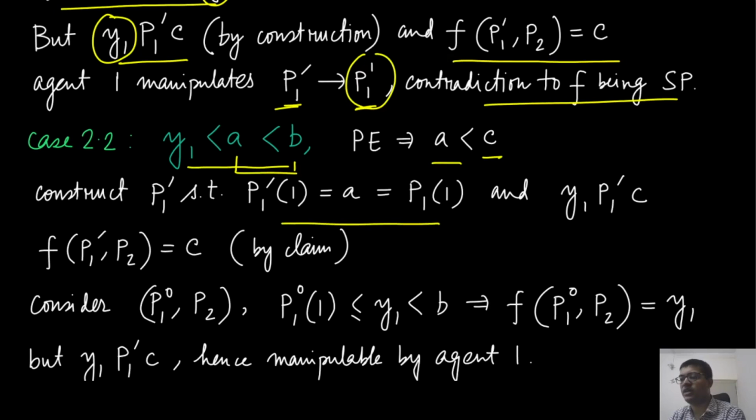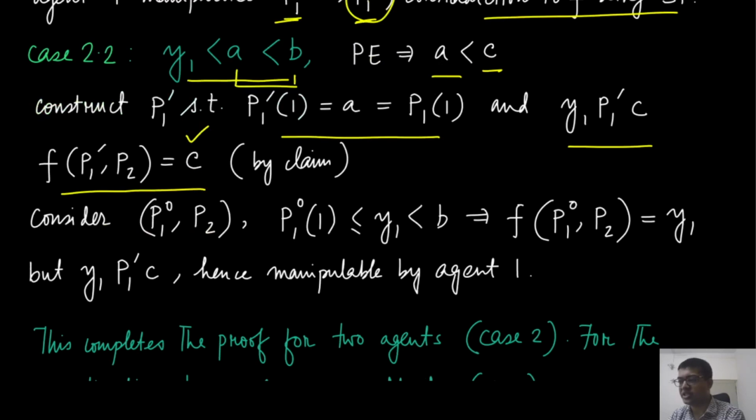We are going to keep the peak of player 1 to be the same and y1 p1 c. So this construction is possible because c and y1 are on two different sides of a, and by the claim, for p1 prime, because the peaks are not changing, that will also be equal to c.